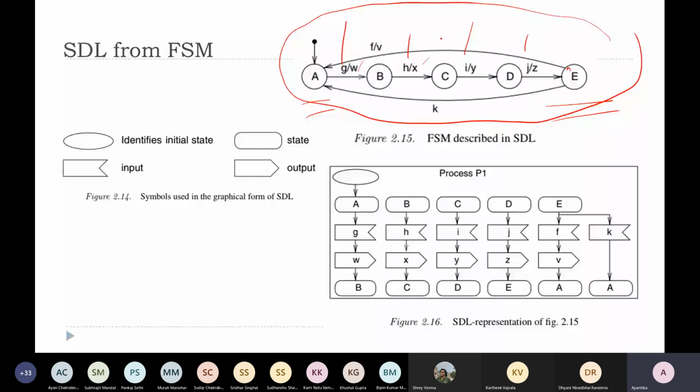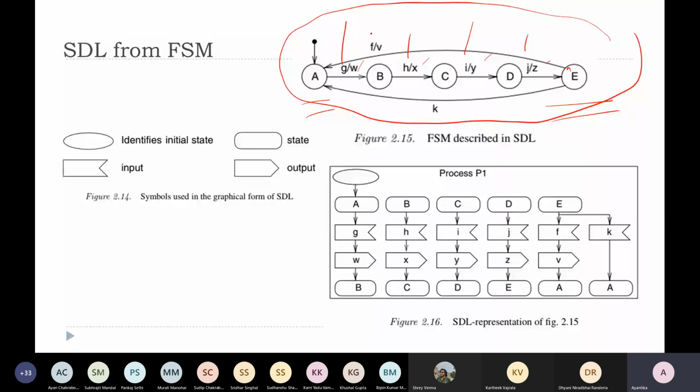And W, X, Y, Z are the actions based on these guards. So maybe you have modeled your specification to such a finite state machine.